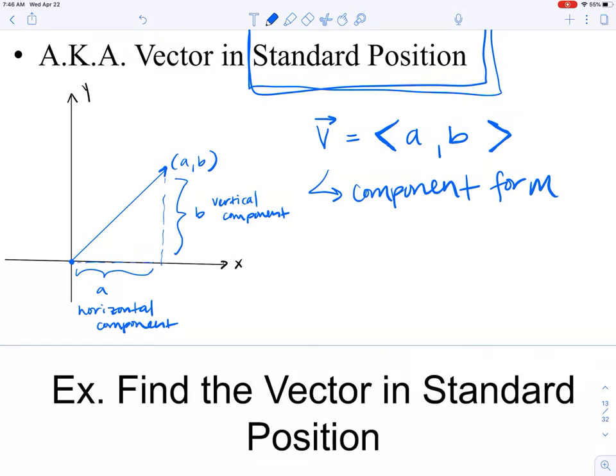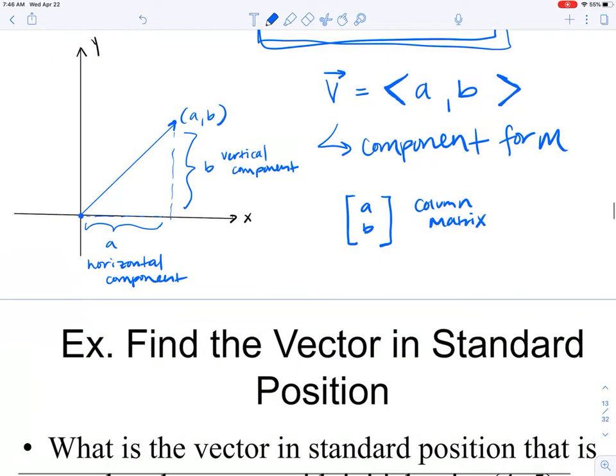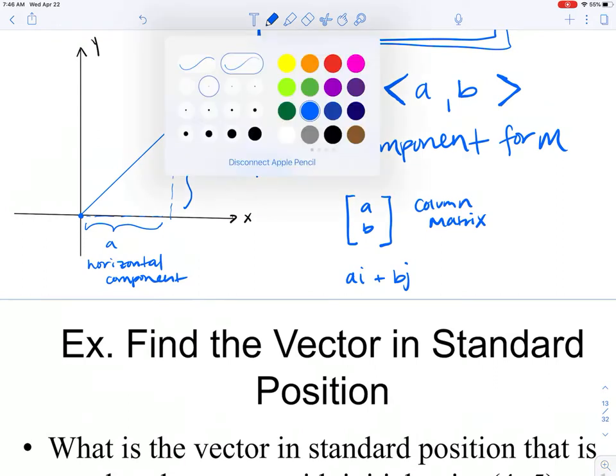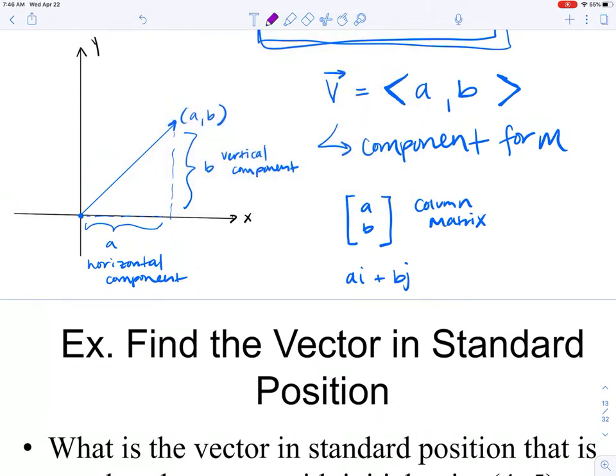Now, there are other representations or other forms that you can see vectors being represented in, like column matrices or a column matrix, or there's also i and j form. i and j represent what we call unit vectors.